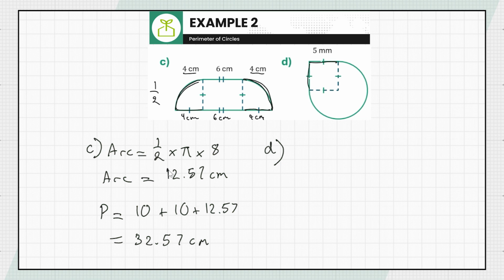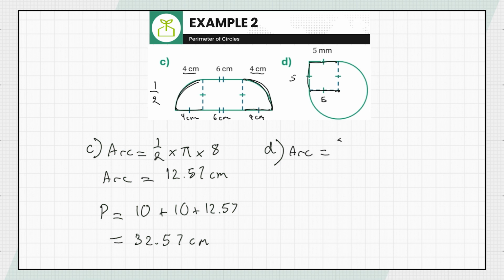Now if we look at D, it's basically 3/4 of a circle, and then it has these 2 equal length sides here. So all we need to do is determine 3/4 of a circle using the fact that this point from the outside to the center is the radius, which is also 5, and then we can solve. Again, we just need the fraction of the circle.